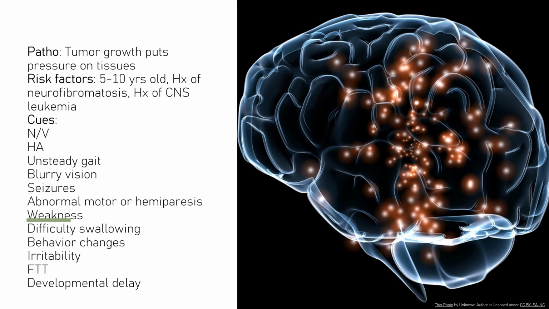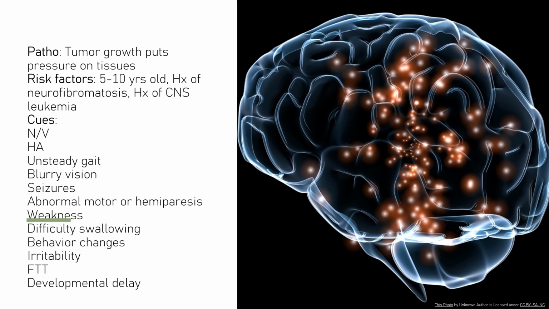So though the cause of brain tumors is mainly unknown, the effects of the tumors are pretty predictable. They might not know why it's happening, but they know what's gonna happen once it's there. The tumor growth happens really quickly. It puts pressure on the tissues.